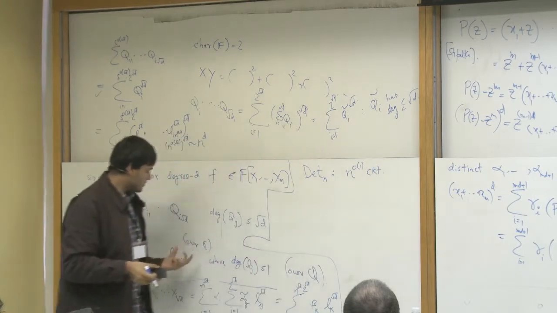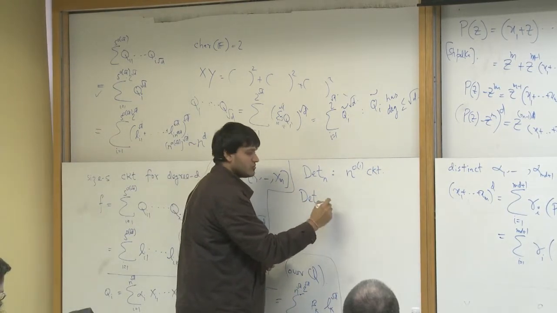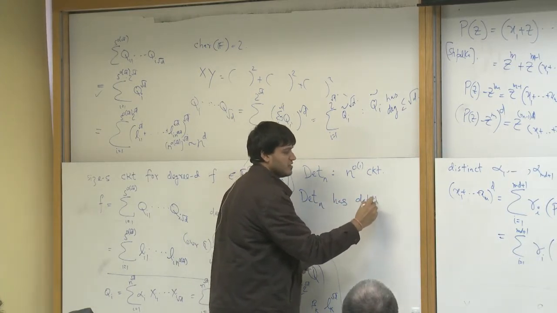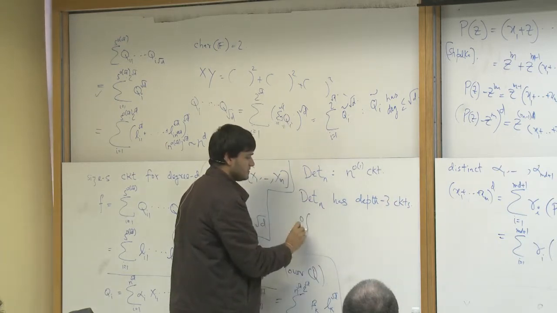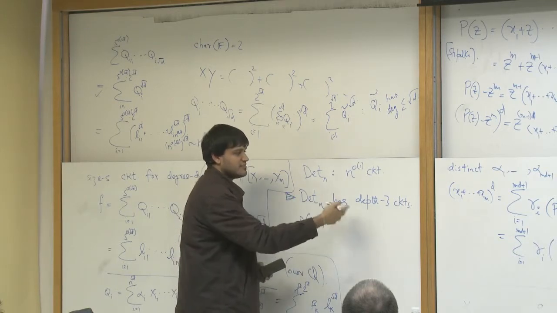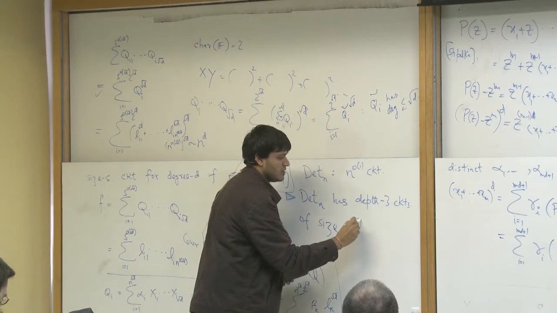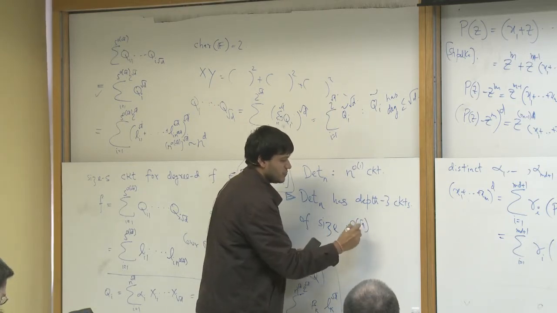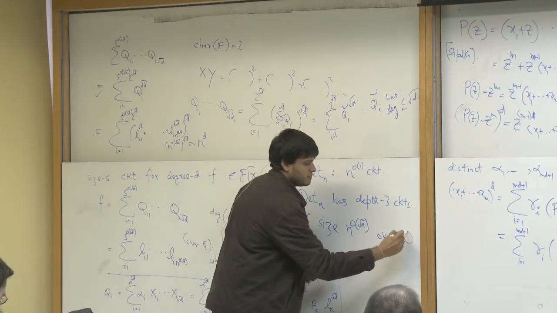So in particular, what this implies is that determinant also has depth 3 circuits. This is the takeaway message, that determinant has depth 3 circuits of size n to the order root n over rational numbers.